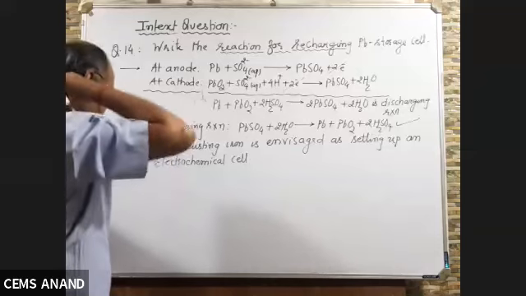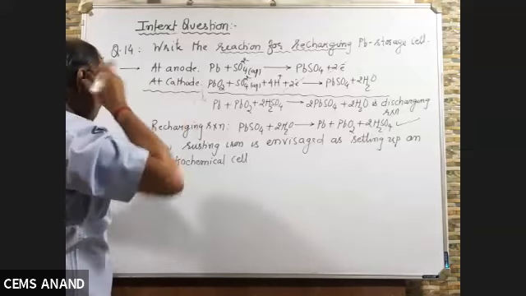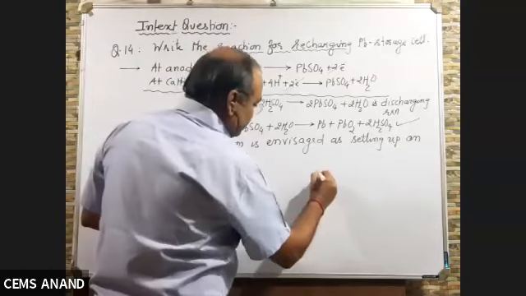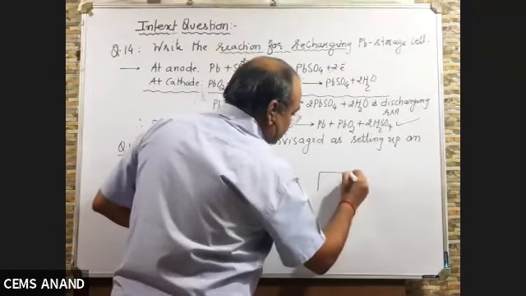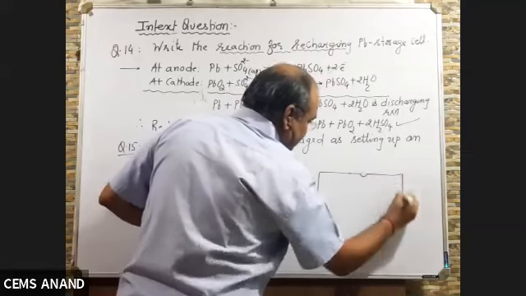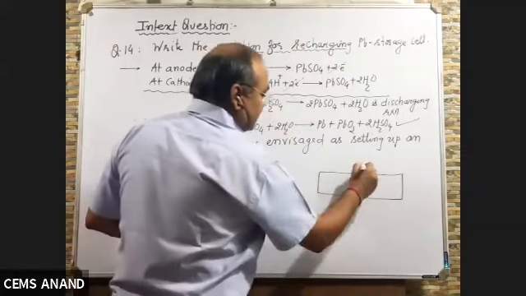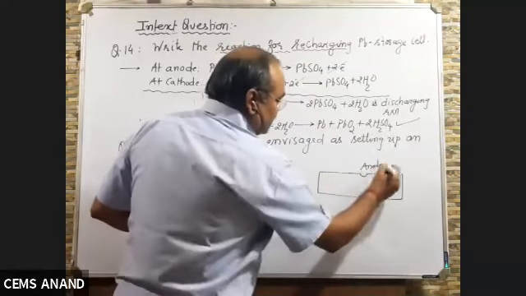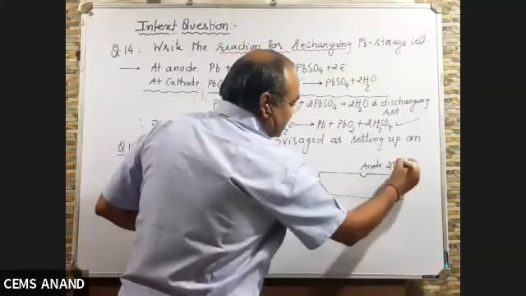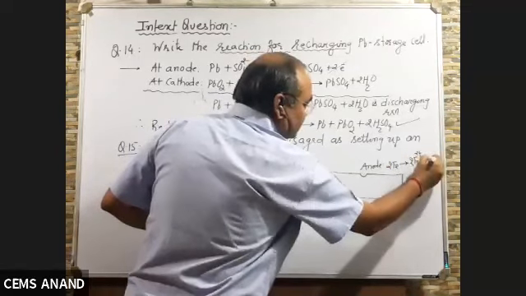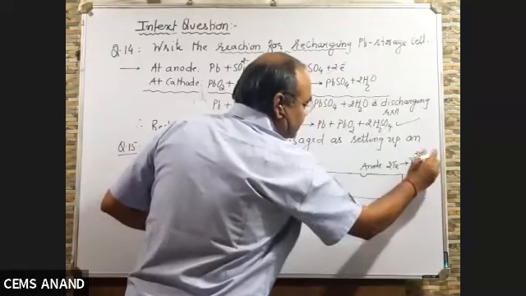Now you know how the rusting of iron takes place. For that also I told you that you take a piece of iron, and wherever there is a slight bend on the surface of iron, that part acts as anode. And at anode, for balancing, 2Fe gives 2Fe2 plus and 4 electron.